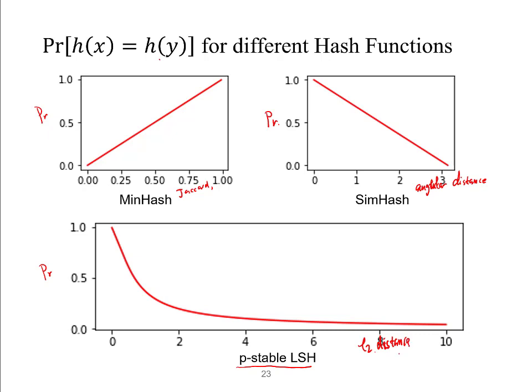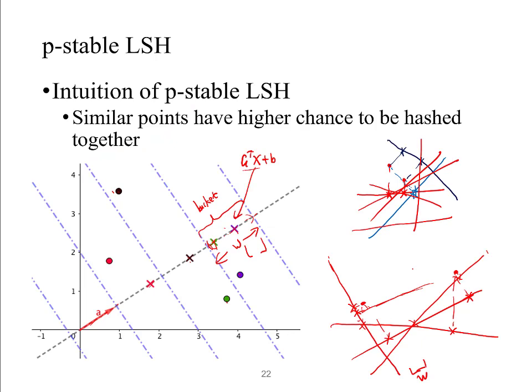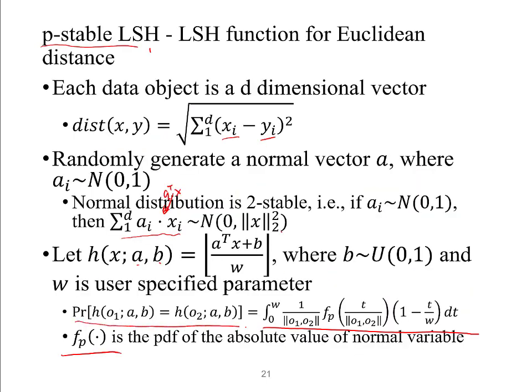All right. As you can see, it is quite straightforward, because this is 1 minus theta over pi. For the Jaccard case, the probability is just the Jaccard similarity of x and y. And for p-stable, it's actually computed as this.